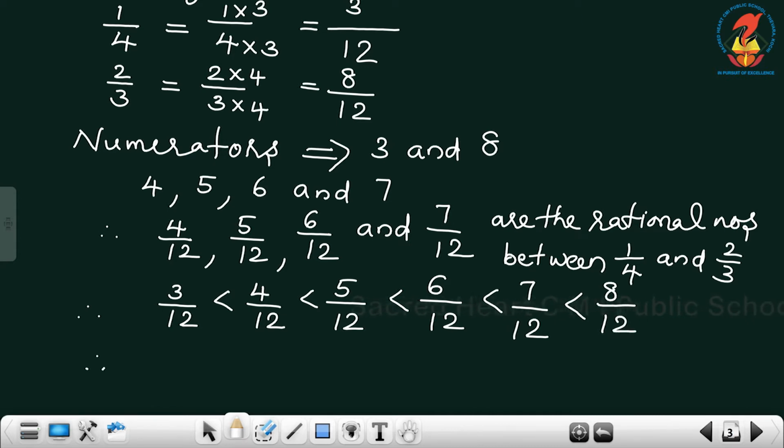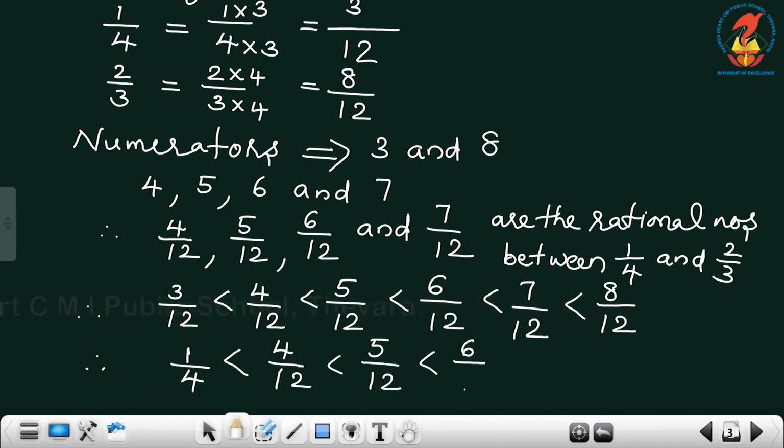Then 3 by 12 is 1 by 4, and 8 by 12 we can replace by 2 by 3.